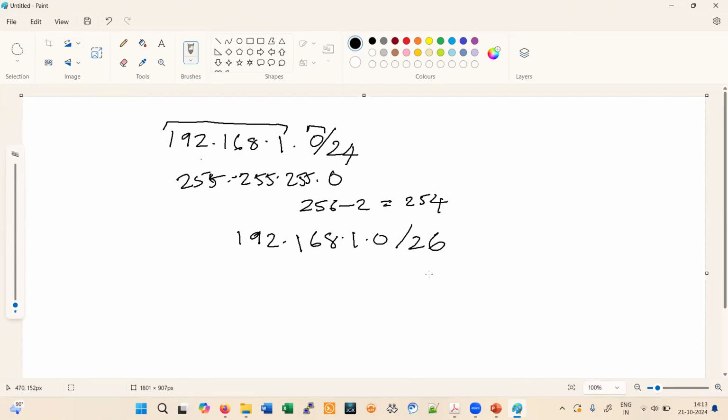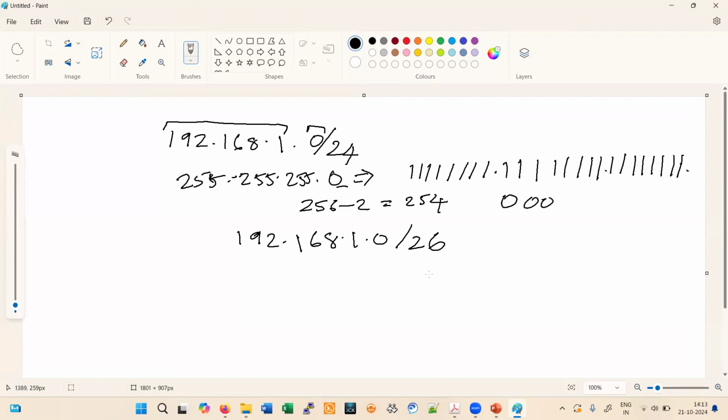That means I can write this in binary: 11111111, 11111111, 11111111, and the last octet 00000000, eight bits each.